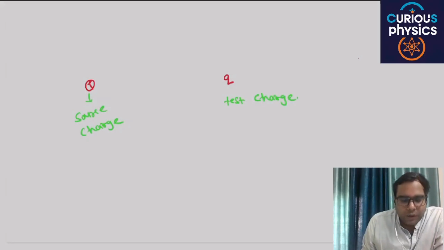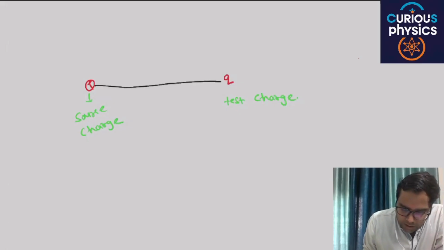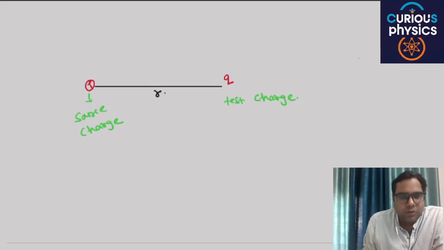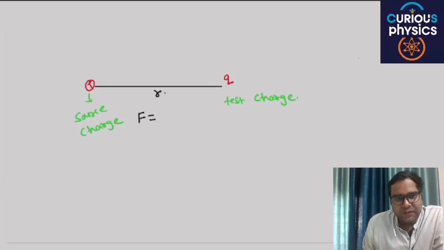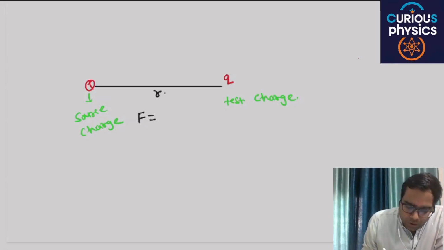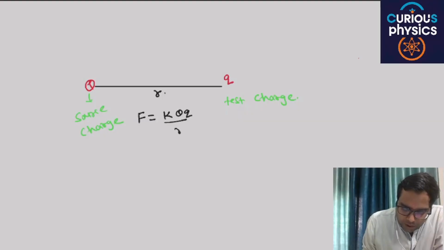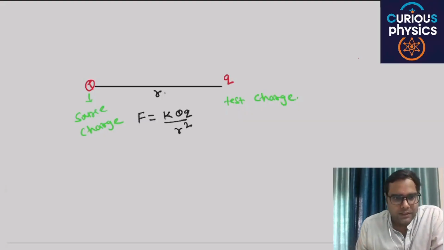Okay, for example, r is a distance between these two charges. According to Coulomb's law, if the polarity of the charges is the same, then the force on a test charge is a force of repulsion. Then according to Coulomb's law, the force will be kQq by r square, and you know the direction. This is the magnitude from Coulomb's law.